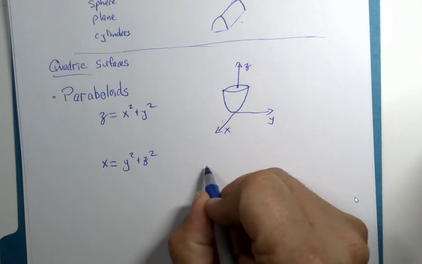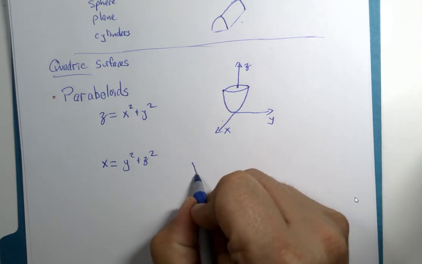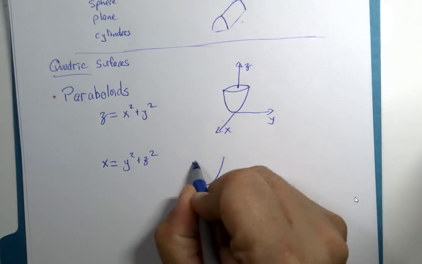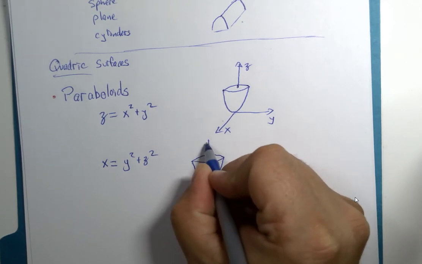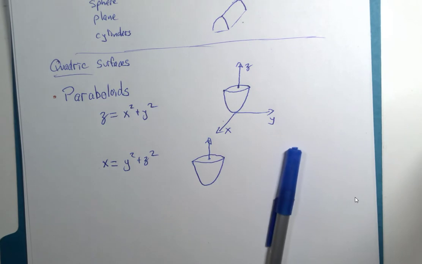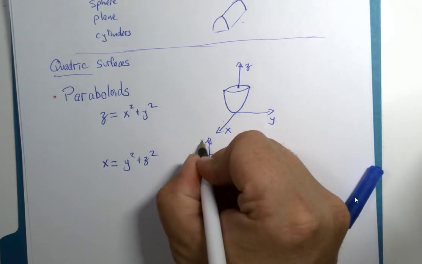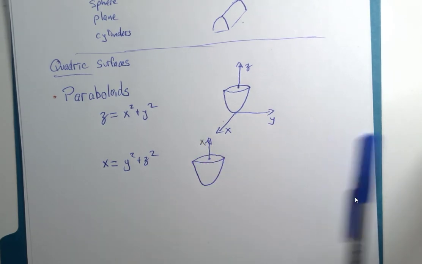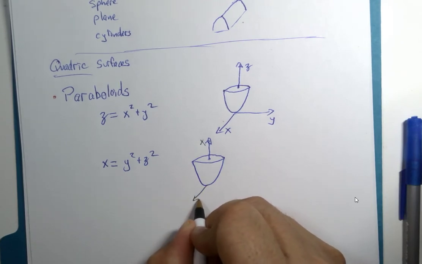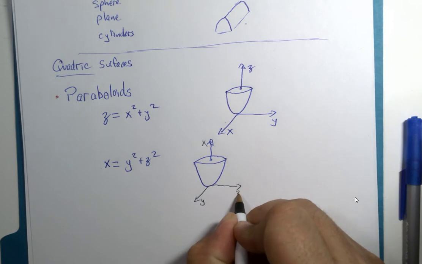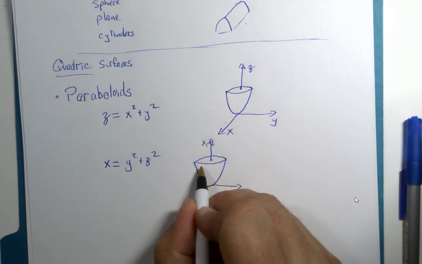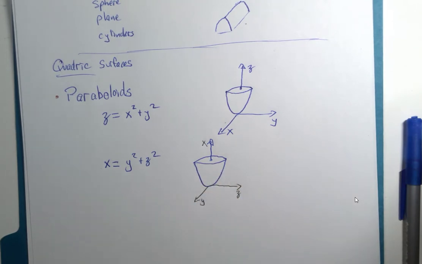You could duplicate the shape exactly the same, but simply label this the x-axis, and then it doesn't really matter here which one is y and which one is z, because these are circular cross sections, so there's symmetry there.